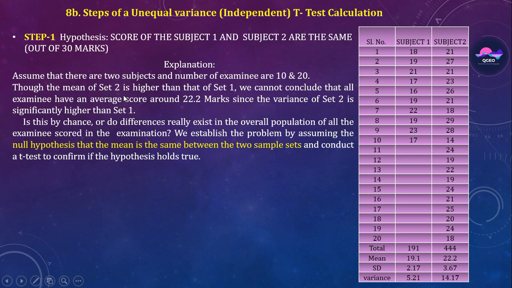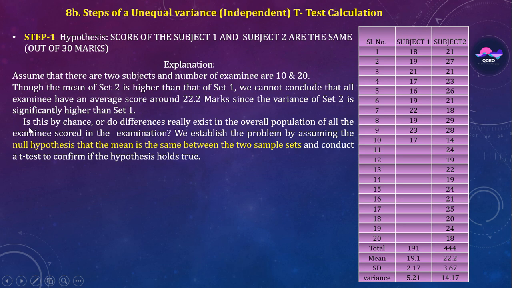Though the mean of set 2 is higher than set 1, we cannot conclude that all examinees have an average score around 22.2 marks, since the variance of set 2 is significantly higher than set 1. Here 22.2 and here 19.1.